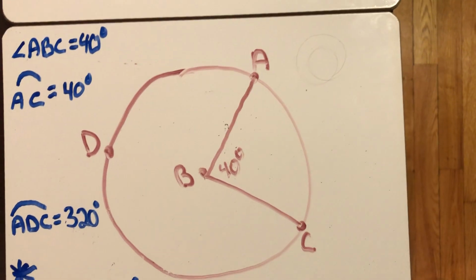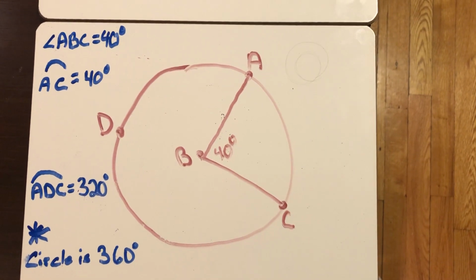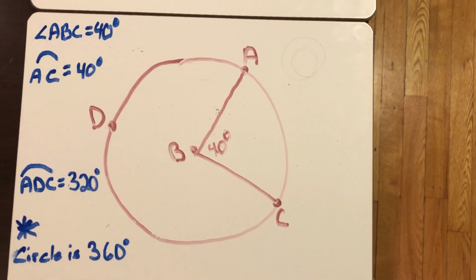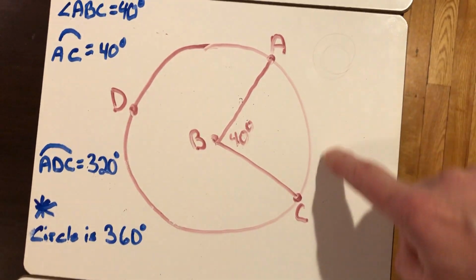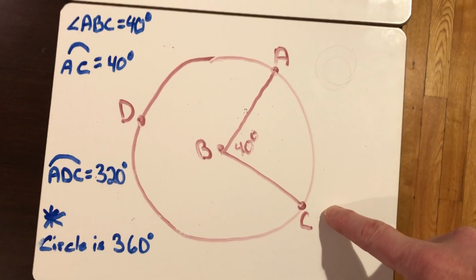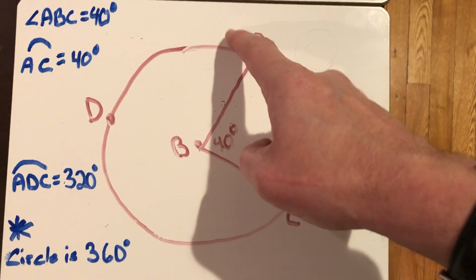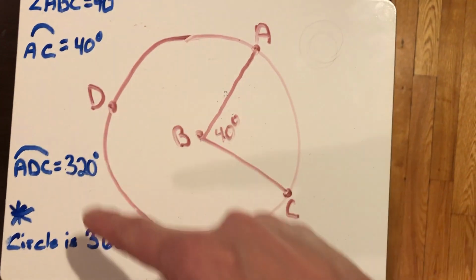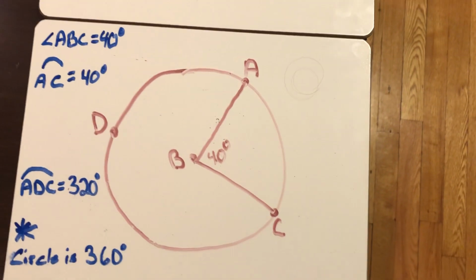And how do I know that? I know that because a circle is always a total of 360 degrees. So if AC, going from here around to here, covers 40 degrees, well, if I go the other way around, from A to D to C, that leaves 320 degrees left.